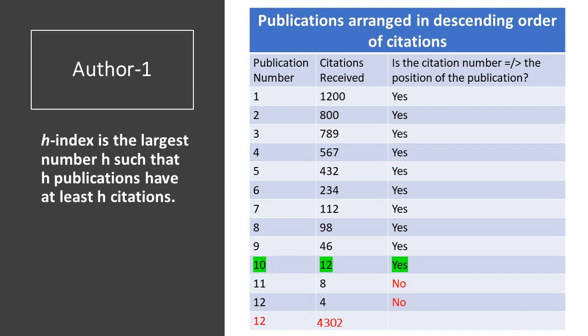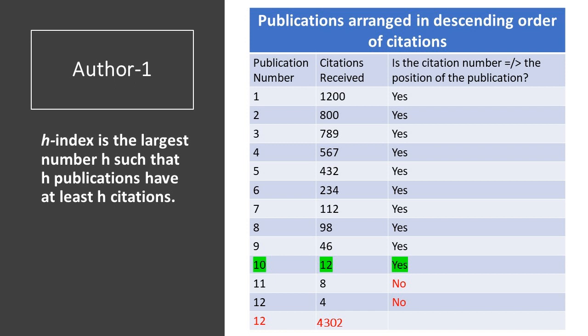The 10th paper has received 12 citations and 12 is greater than 10. So again yes. But once you cross this 10th paper, come to the 11th paper. This has been cited only 8 times, and 8 is not equal to or greater than 11.